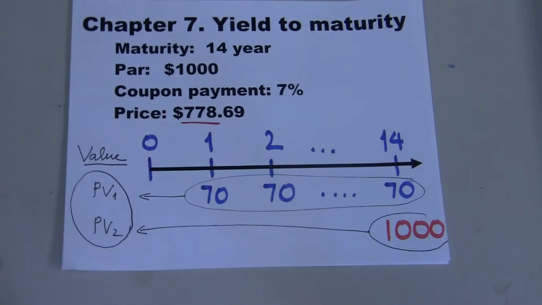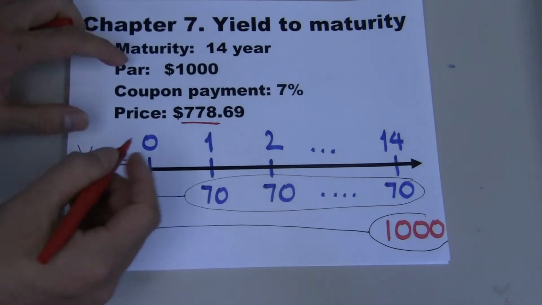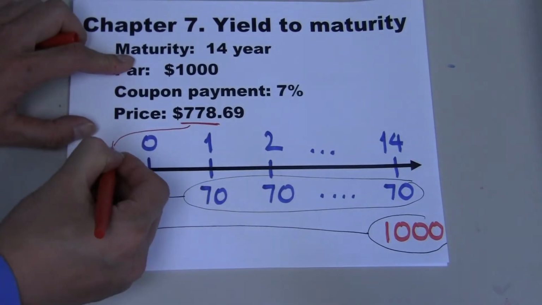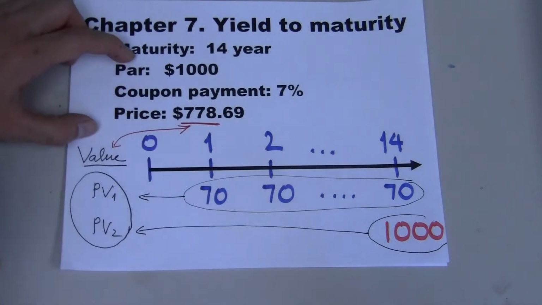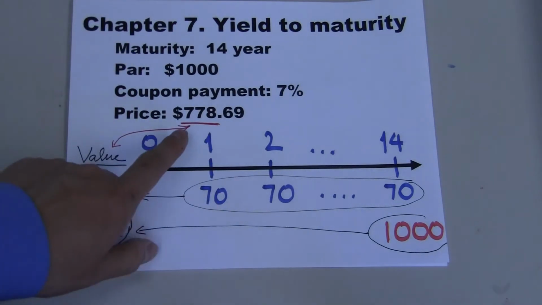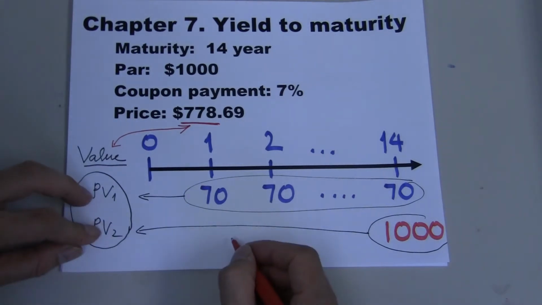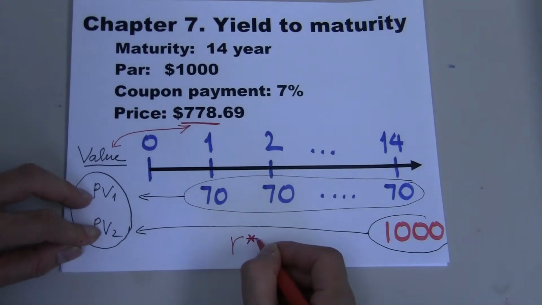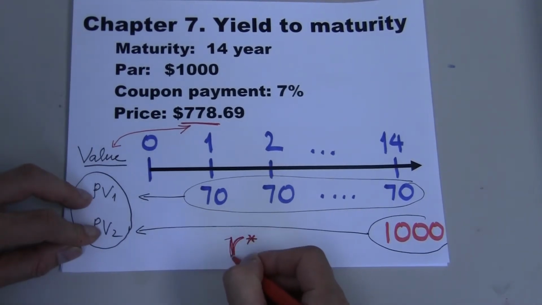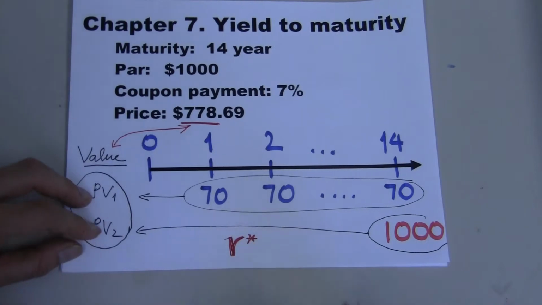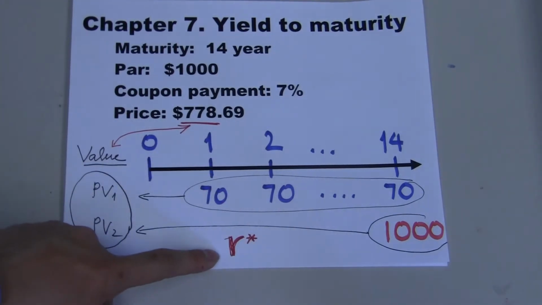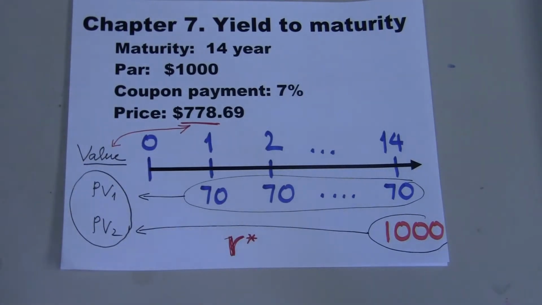At a certain special discount rate, you will find that the value of the bond is exactly the same as the price right now on the market, which is 778.69. This special discount rate is the yield to maturity.